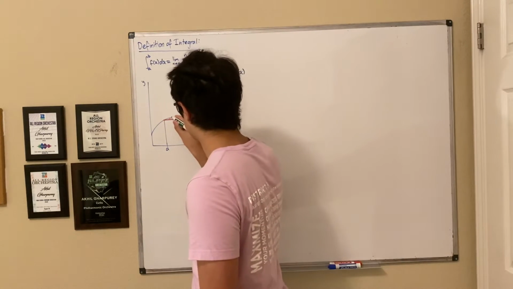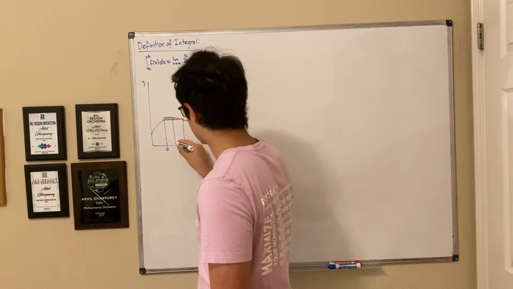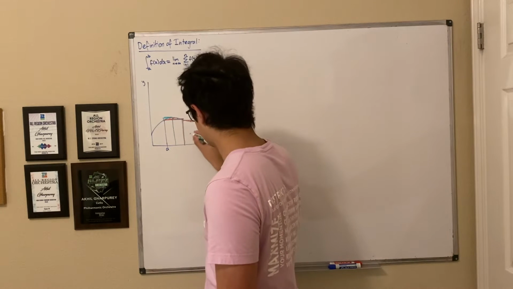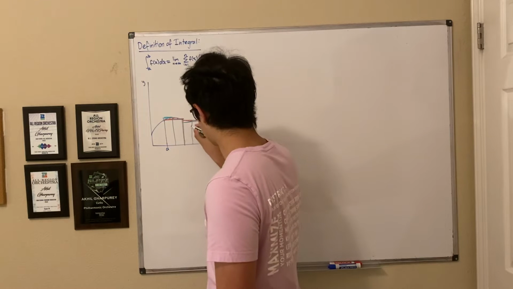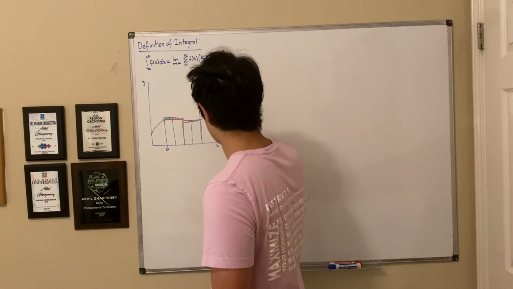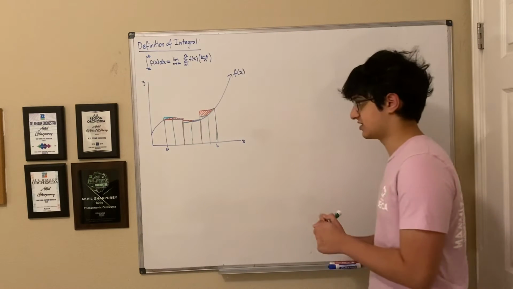So if we draw in these new rectangles, it's still not going to be completely accurate, but you can see that it does look a little bit better, doesn't it?